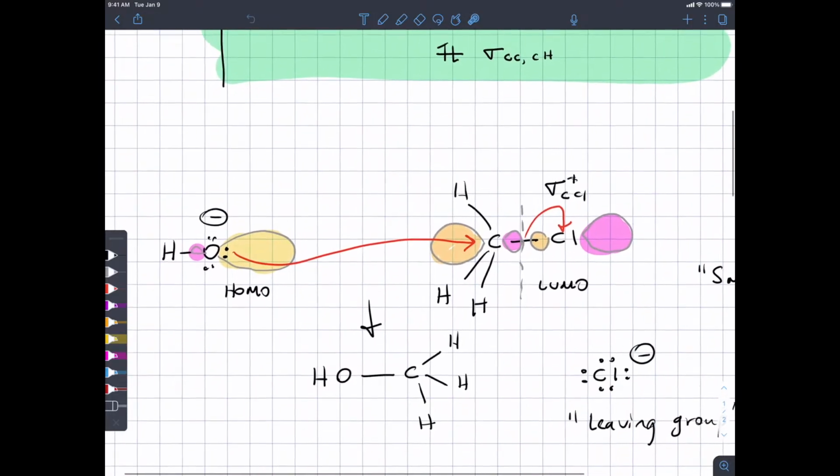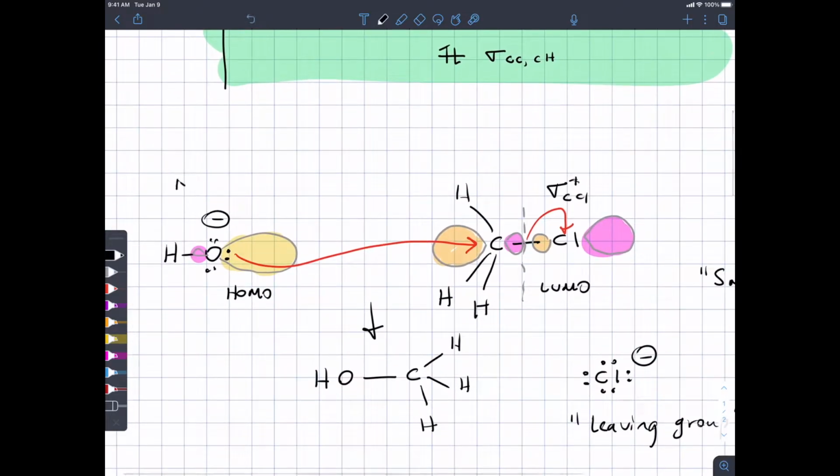Based on the analysis above, if I told you that the OH minus was the nucleophile and that the alkyl halide was the electrophile, you would have identified that the HOMO of the nucleophile is likely lone pair electrons on the oxygen. The LUMO of the electrophile is the carbon-chlorine sigma star. That's the lowest energy empty antibonding orbital that we have.